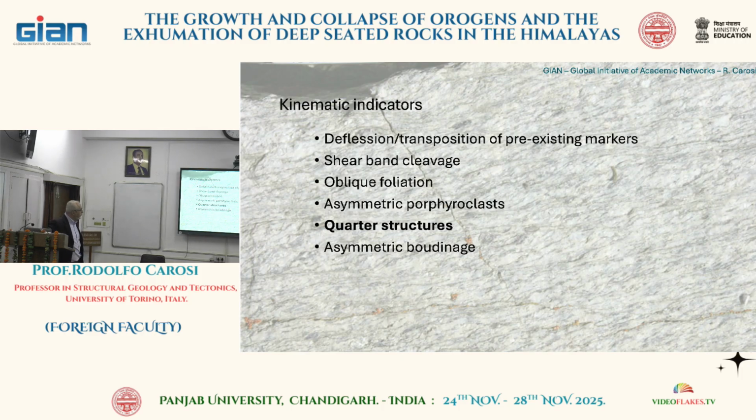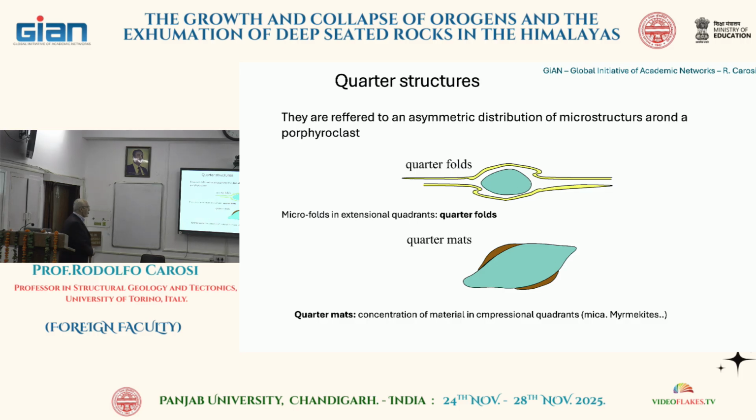Quarter structure, you remember the quadrants that I showed you before. Sometimes the foliation is wrapping around the porphyroclast and is rotated in this extensional quadrant. The compression is like this, so you have an asymmetric fold here and a symmetric fold in the opposite quadrant. And these are related to the same sense of shear.